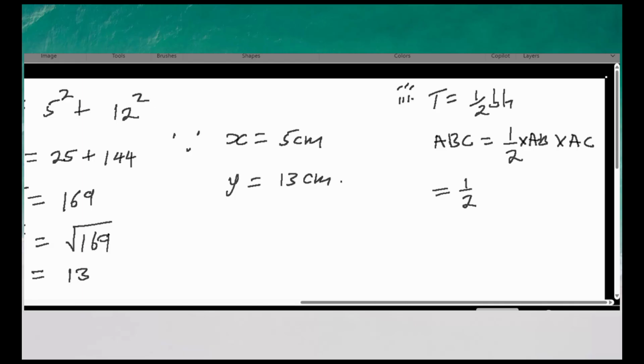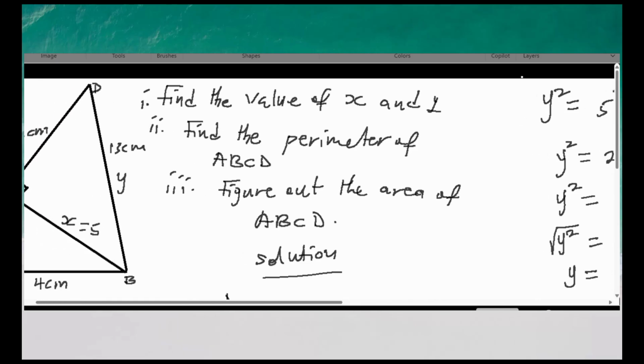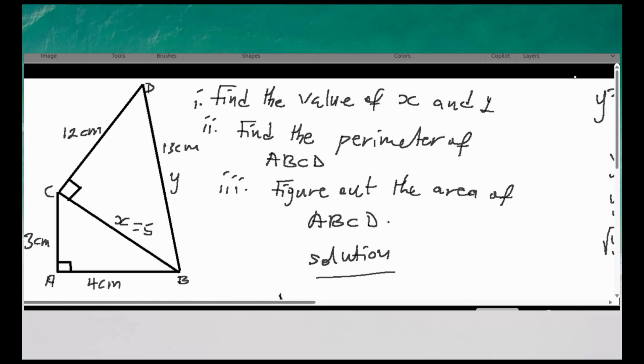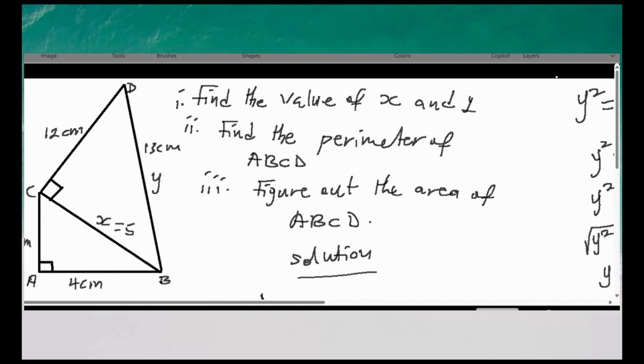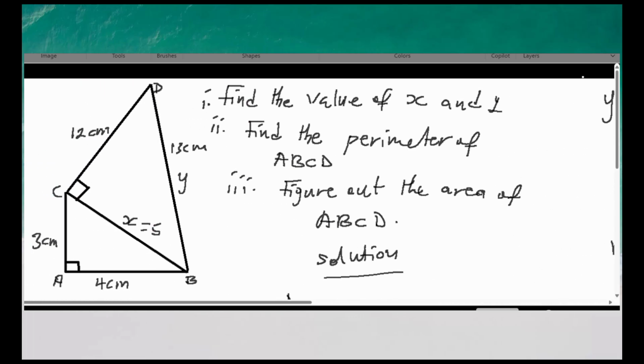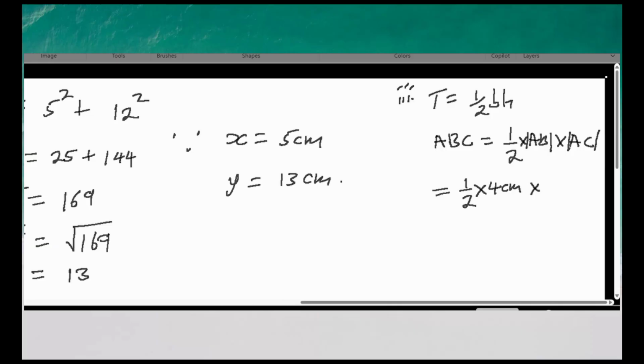So this implies half. What is our AB? AB from the diagram is 4 centimeters, right? So we're going to have times 4 centimeters times the AC. What is AC? 3 centimeters.